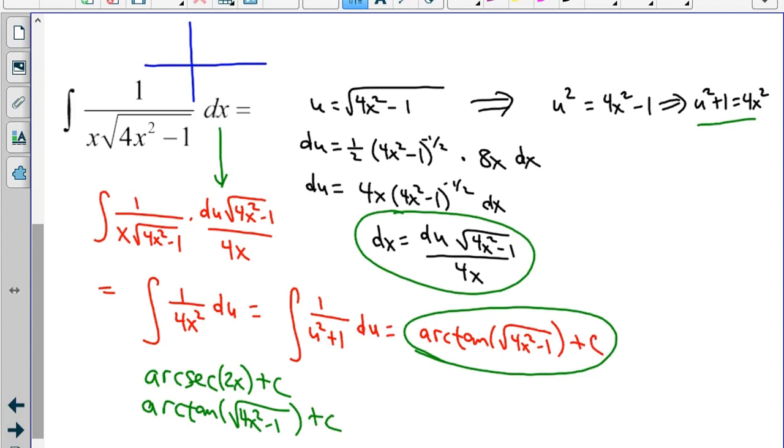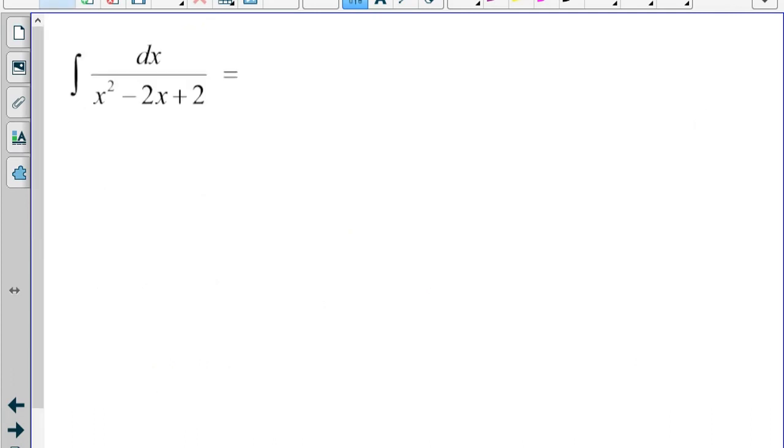If I have a triangle where the secant is 2x, that means that by the Pythagorean theorem, tangent has to be the square root of 4x squared minus 1. So these should be equivalent.